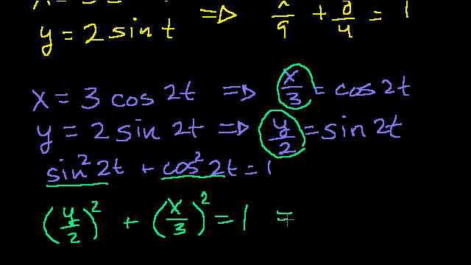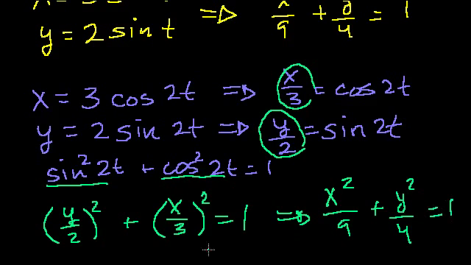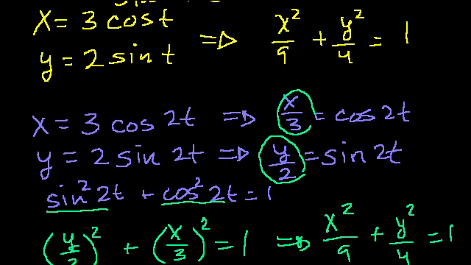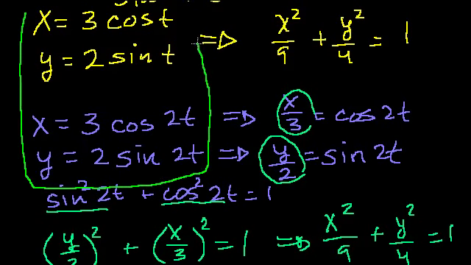It equals 1. And that is exactly what we had to begin with. That is the same thing as x squared over 9, I'm just switching the order here, plus y squared over 4 is equal to 1. So both sets of parametric equations have the exact same path.